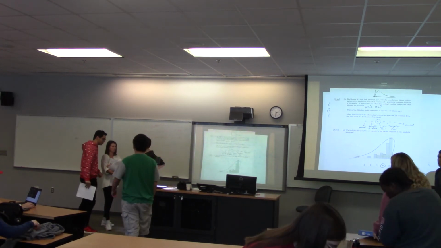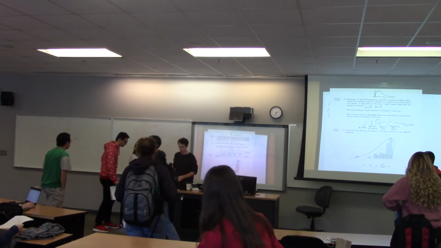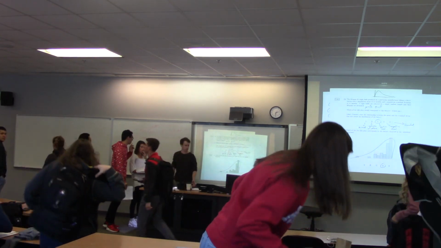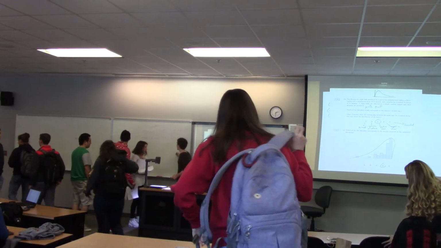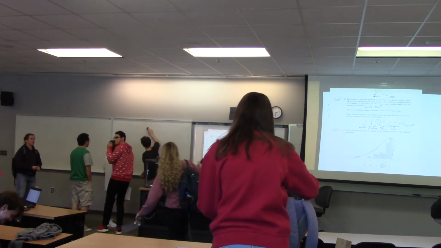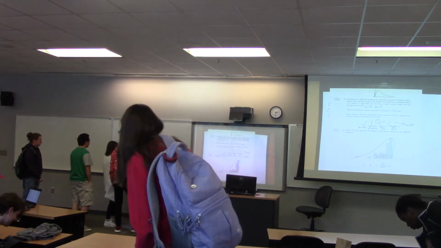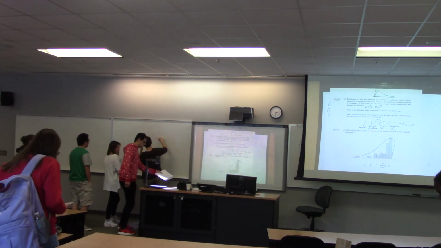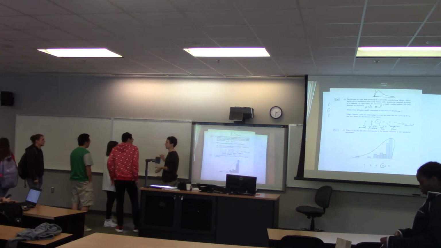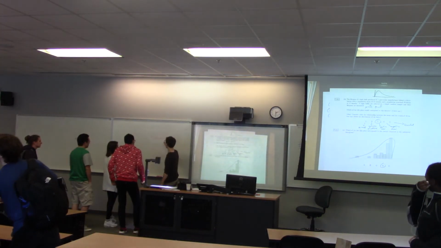Yeah, let's talk about the continuity correction. We have a binomial random variable. This is like the number of free throws I'm hitting, and the sample size is how many free throws I'm shooting.